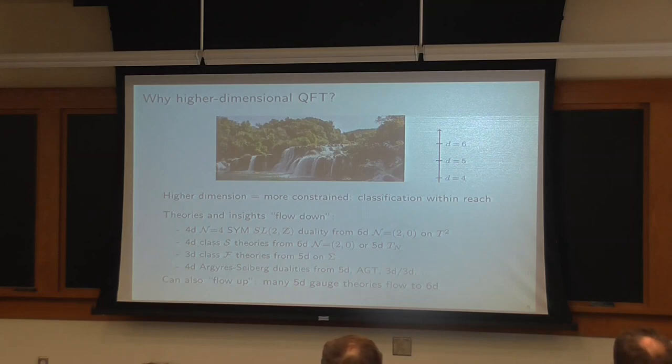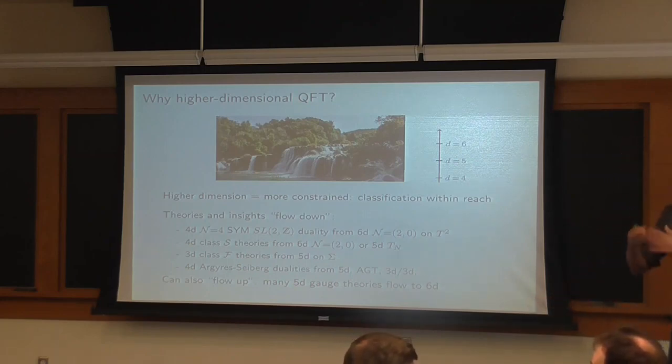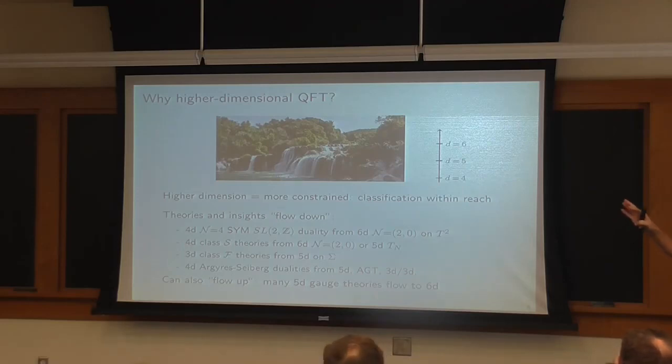Okay, good. So the main point is that once one understands what's going on up here, one can flow down. In other words, if you have one well-defined theory in 5 or 6 dimensions, you can compactify it in many different ways and create a host of lower dimensional theories. And this perspective actually often gives you useful insights which you would not have gained by just staying in lower dimensions.